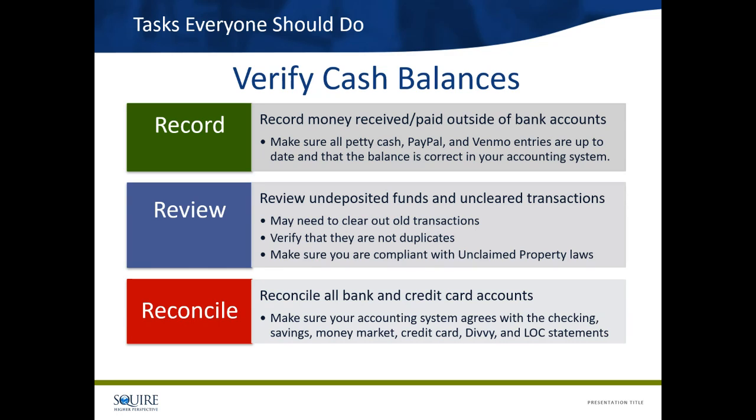Any transactions that haven't cleared that you verified are not in fact owed to the payee, if it's just a check, it's easy enough to reverse those because you can use the same expense account.